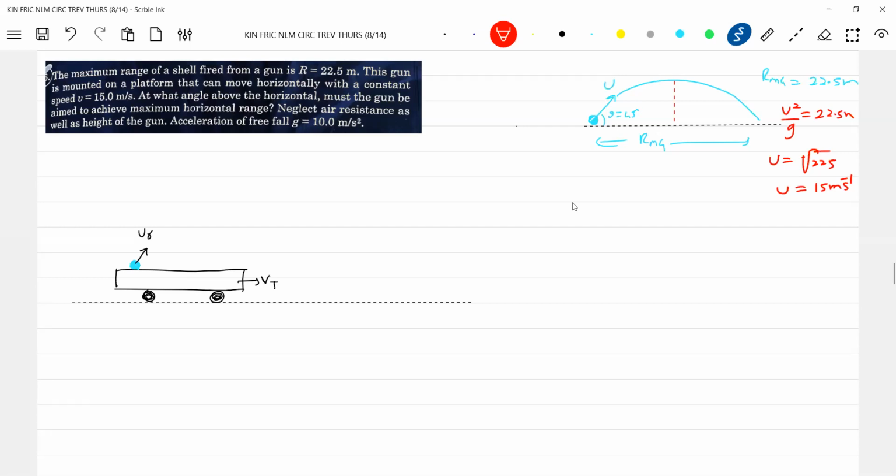Now I know the velocity of the trolley. I'm going to project this at an angle, let me call that phi. Earlier I used theta, let me take that as phi. Now as the trolley is moving, the speed of the ball will become relative to the trolley.